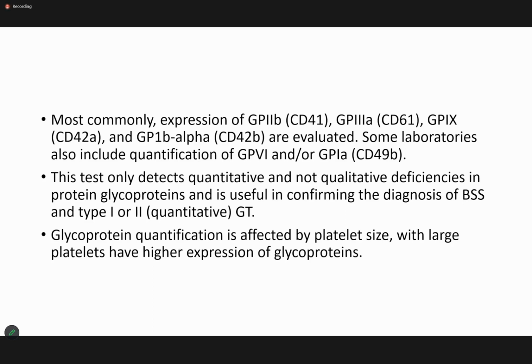Some laboratories have GP6 and GP1A, which is CD49B. Okay, this test only detects quantitative and not qualitative deficiency in protein glycoprotein, and it is useful in confirming the diagnosis of Bernard-Soulier syndrome and type 1 or type 2 platelet thrombocythemia.